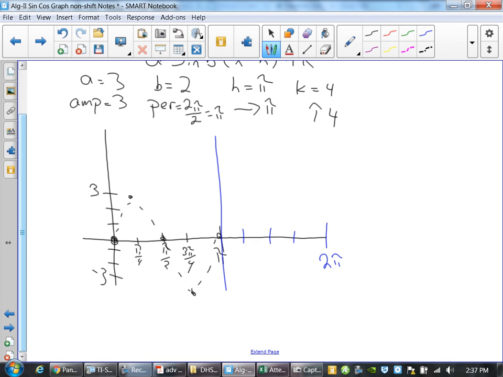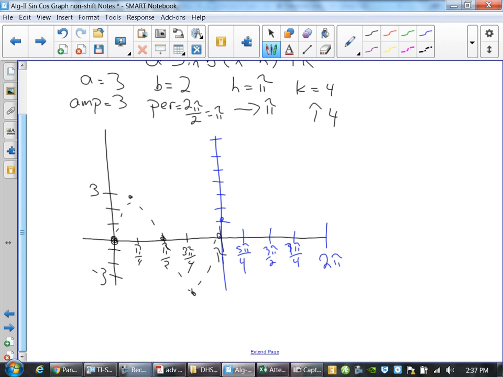So let's see, 3 pi over 2, 5 pi, oh, this is 5 pi over 4, and this is 7 pi over 4. It's going to go all the way up to 7, and it'll go all the way down to 1.